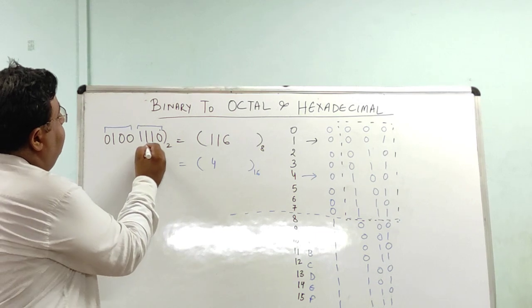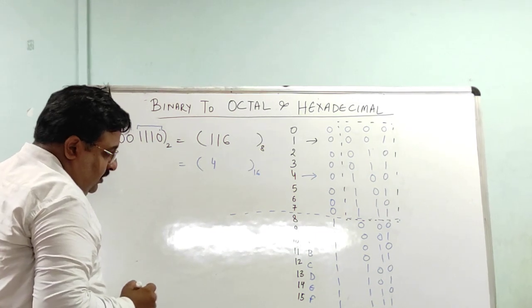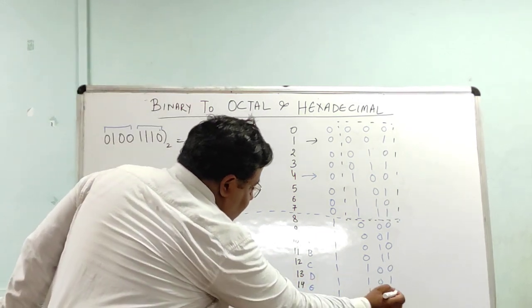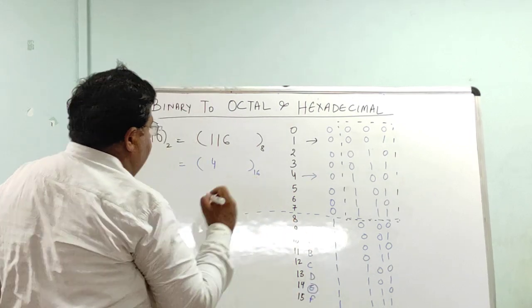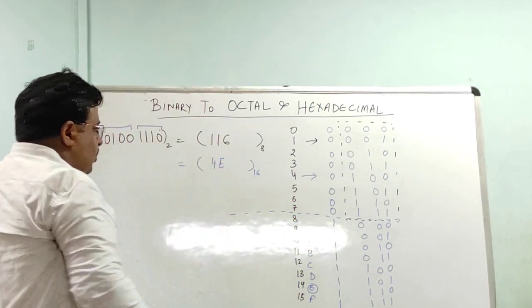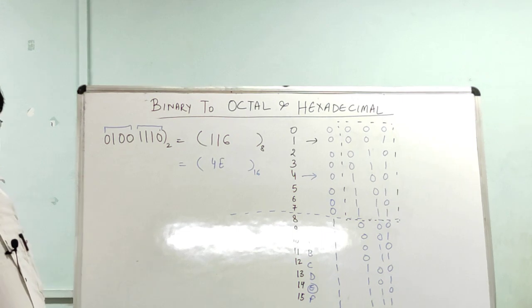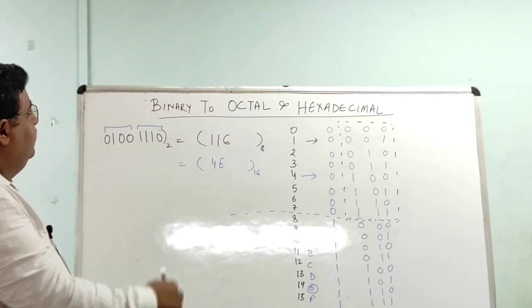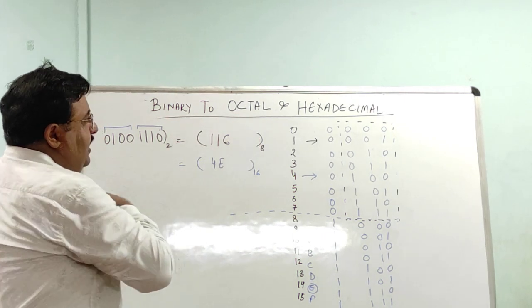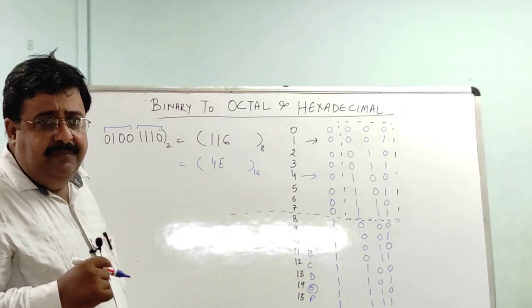Next is 1110, which I can find as E. So it is 4E. So this is how we convert a binary number to octal and hexadecimal.